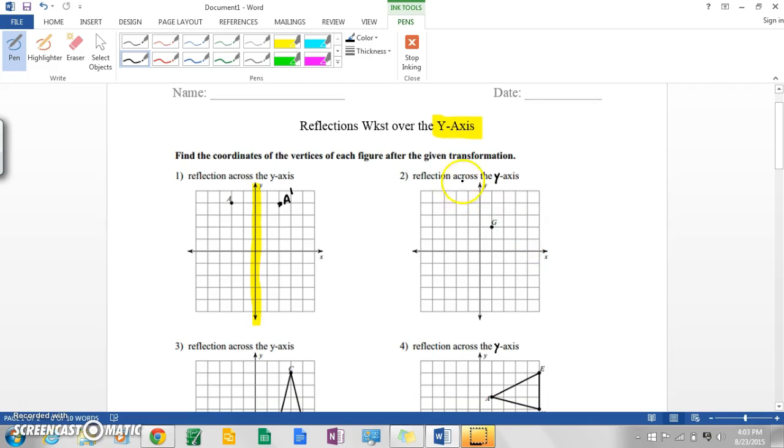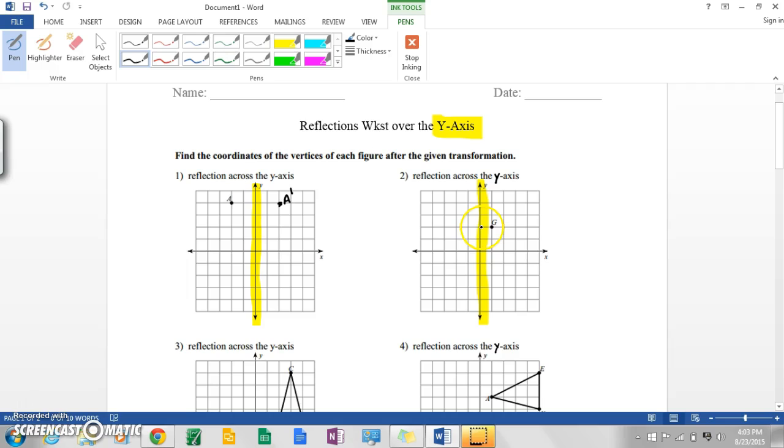Let's move on to 2. In a similar fashion, we're going to reflect across the y-axis. You have to think, where is the fold line going to be? The fold line in this case is going to be the y-axis. I'm going to highlight it. This entire y-axis is going to be our fold line. In this example, G is only 1 unit away from the y-axis.